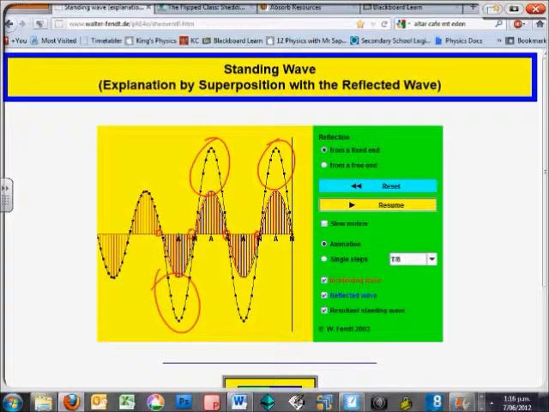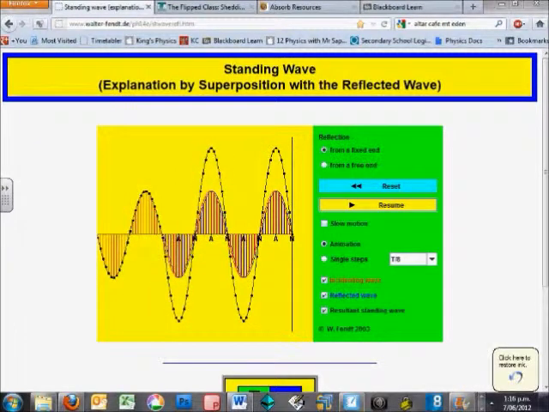You'll notice that at those points, the particles, including this one here, never move. But there are other points here, here, here, which are antinodes labeled A in here. And those are points that move with maximum possible displacement. They don't have that maximum displacement all the time, but they certainly display that.